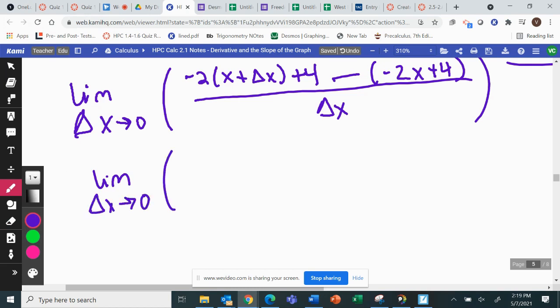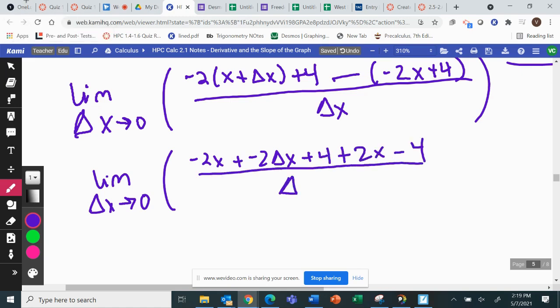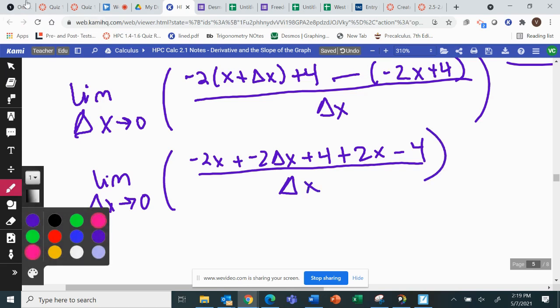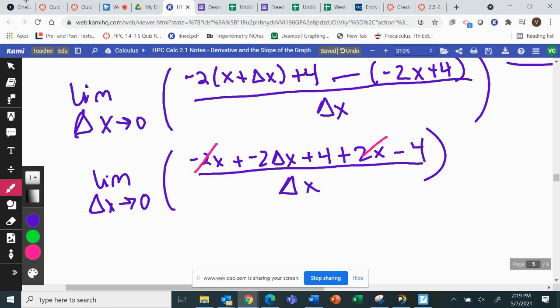So let's simplify. On top, we get -2x plus -2 delta x plus 4 plus 2x minus 4 over delta x. And we look for some stuff to cancel out.